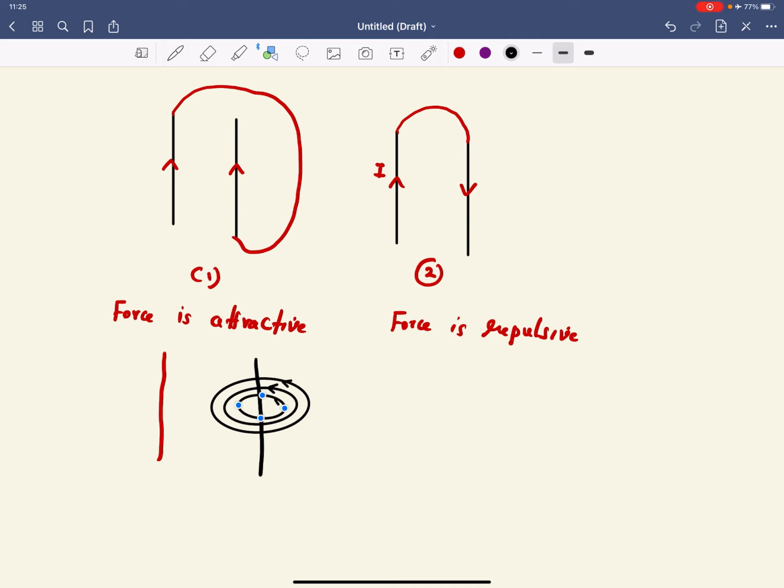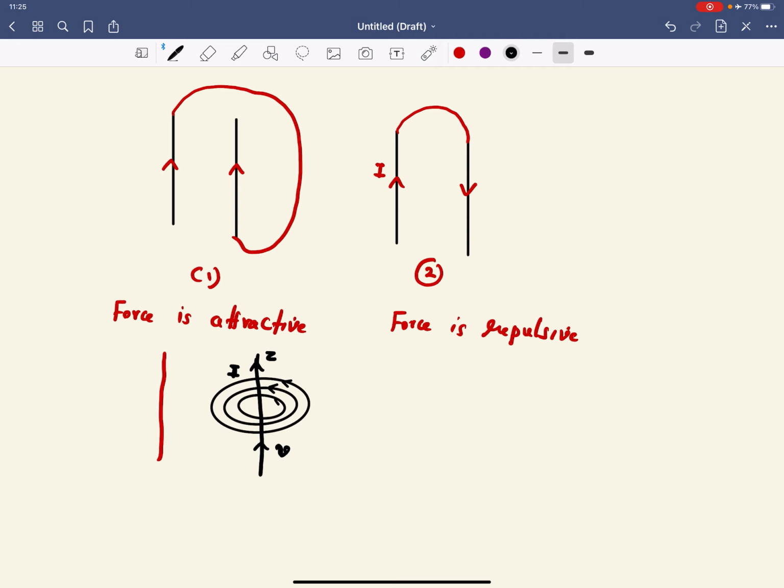This is the direction of the magnetic field. The current is flowing along the z direction, along this vertical direction, and the velocity is also taken to be in the same direction. The velocity of the moving charges is considered to be in the same direction as the current.